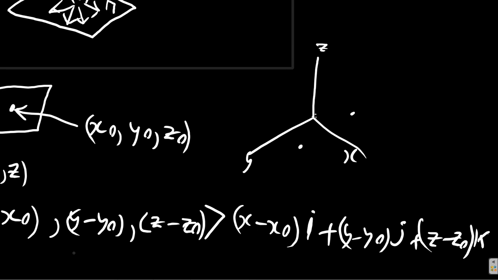You have a certain direction in the x, a certain distance in the y direction, and then some other distance in the z direction. Say it is here. Alright?